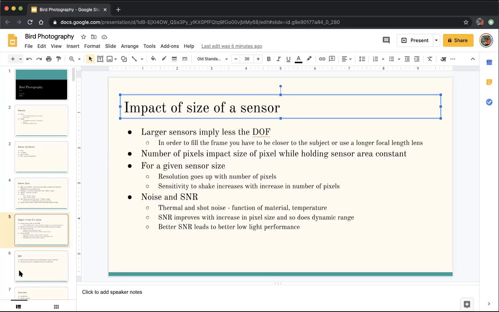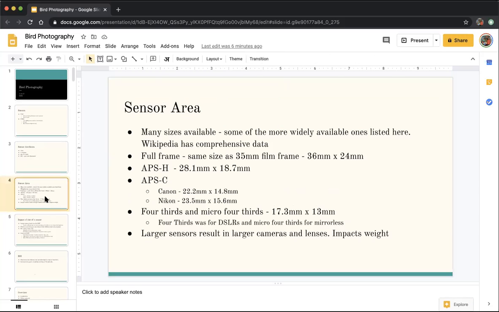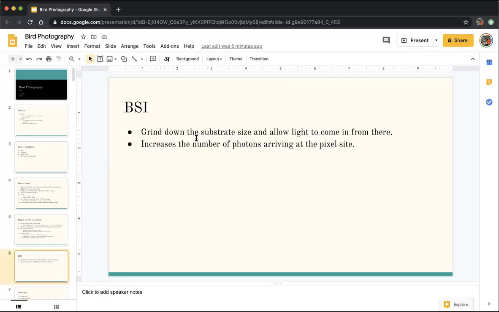If there are no questions, oh yeah, I did mention the BSI, the backside, what does I stand for? I forget now. Illumination, backside illumination, yeah.